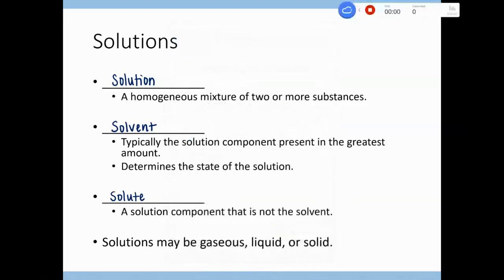So I'll get this open. So you have 3 questions, 3 different types of solution, or 3 different solutions, and you are identifying either the solvent or the solute. Read the question carefully so you know what you're looking for. There is a solid solution, a liquid solution, and a gaseous solution. And so you're just trying to select what the solute or the solvent is in those 3 examples.